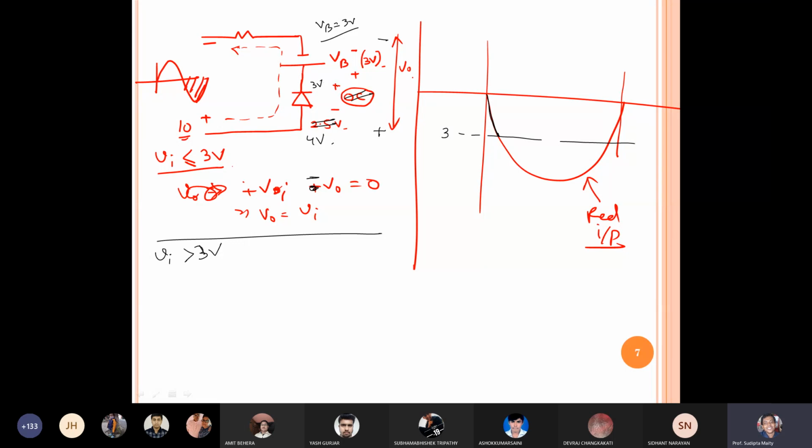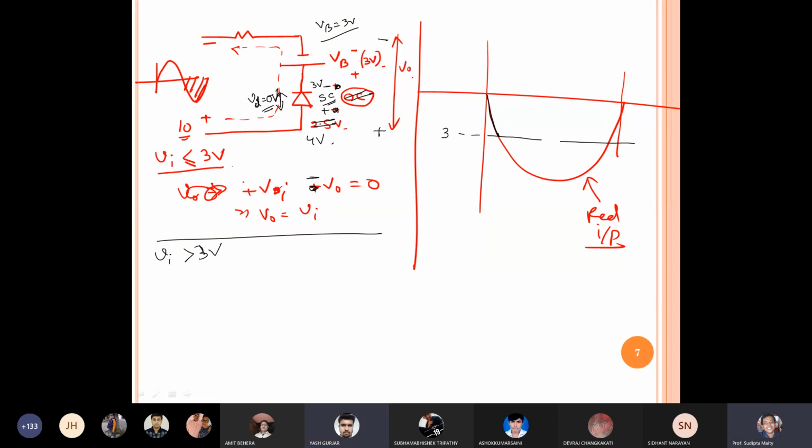So now the diode, it is negative terminal, now it is positive terminal. So is the diode reverse bias or forward bias? Forward bias, sir. So it will be short circuited. So what will the voltage drop across the diode VD be? Zero, 0 volt.